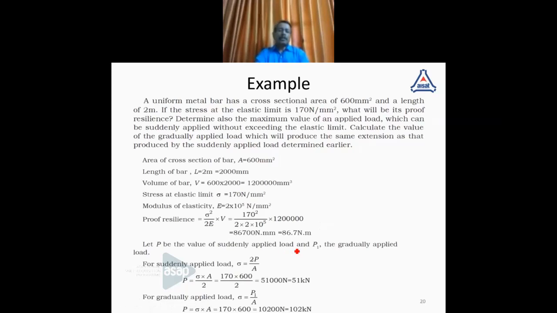For a suddenly applied load, we know sigma is equal to 2P by A. Throughout the loading, the load is applied all of a sudden. Then we will consider it as 2P.